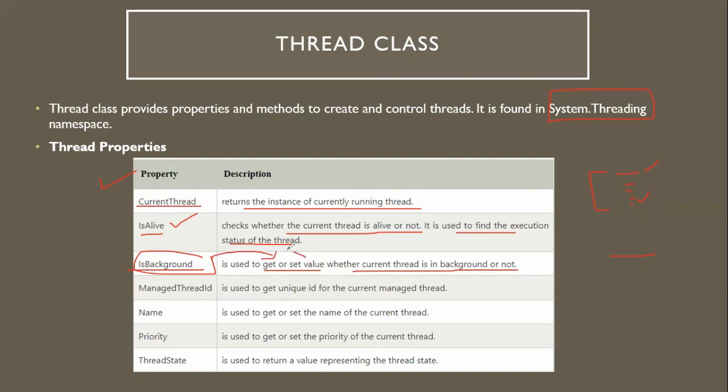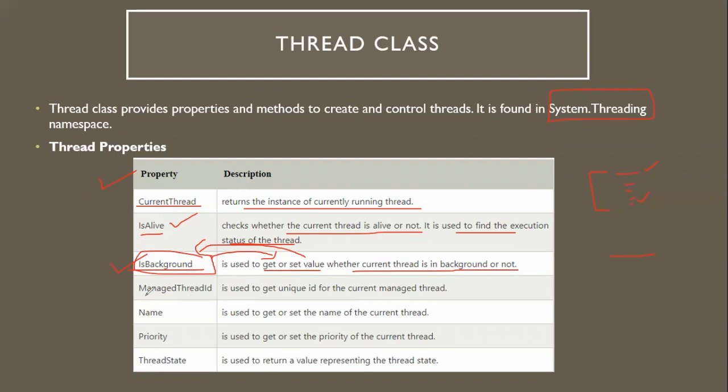You can also set a thread to run in the background. Remember, it's a get and set property. So getting whether a thread is running in the background or setting a particular thread to run in the background, both can be done by this property.